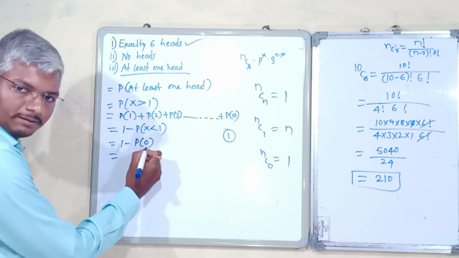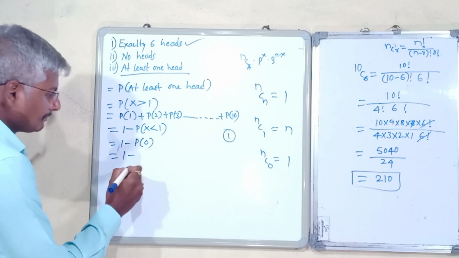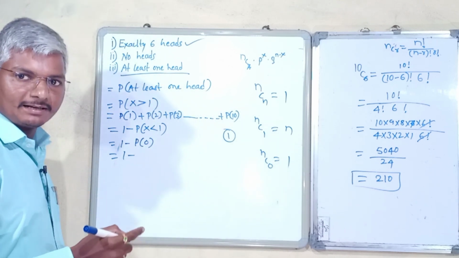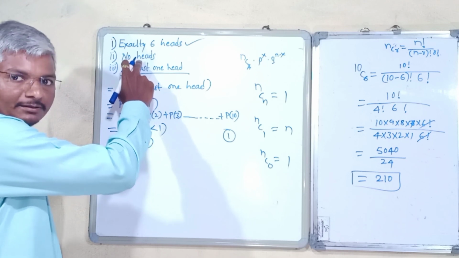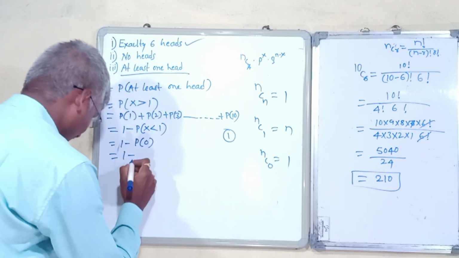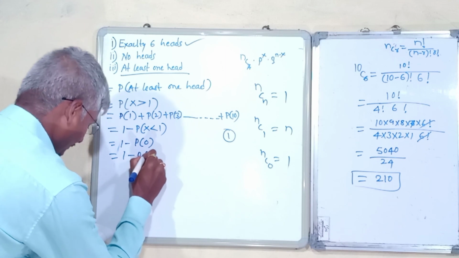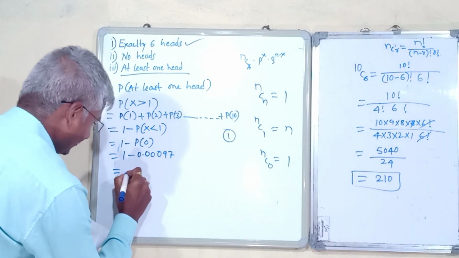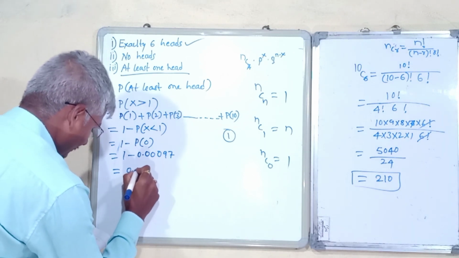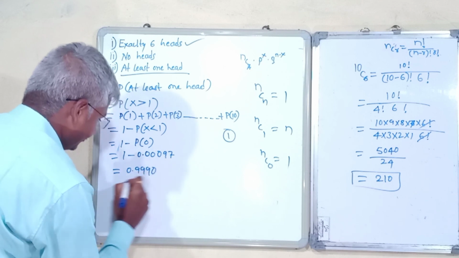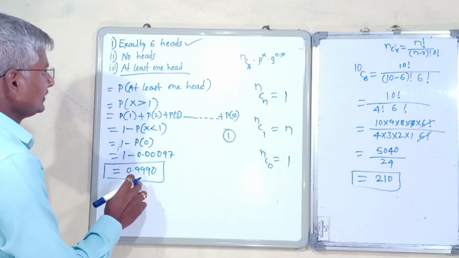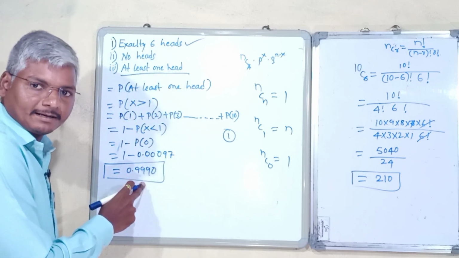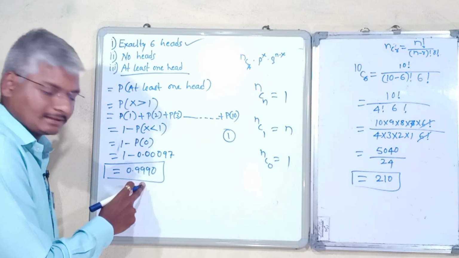So 1 minus probability of 0, which we have already calculated in the last section as no heads, around 0.00097. So the answer would be 0.9990. This is the probability that at least one head will occur out of 10 unbiased coins tossed simultaneously.